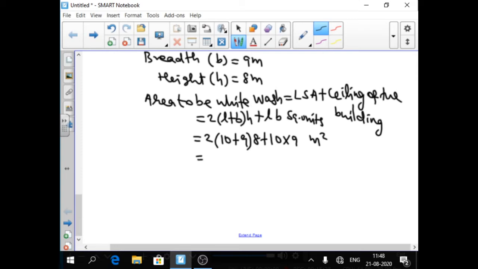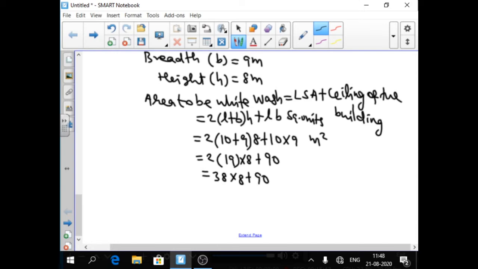So just multiply the values, 2 times of 10 plus 9 is equal to 19, into 8, plus 10 nines are 90. So multiply 2 into 19, 38 into 8 plus 90.